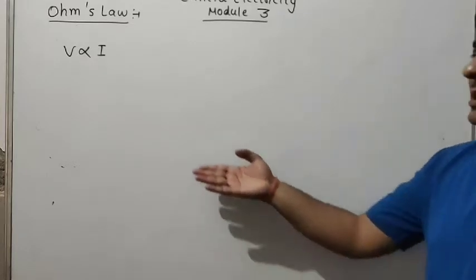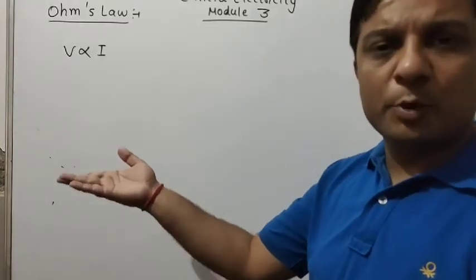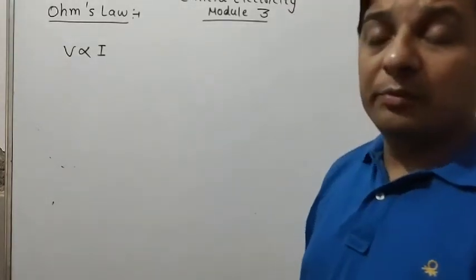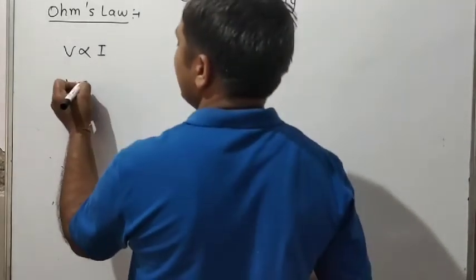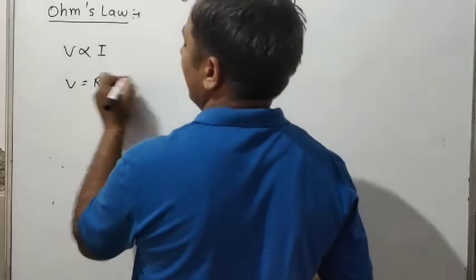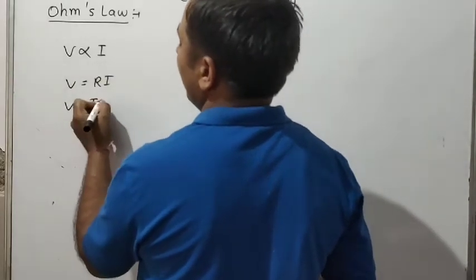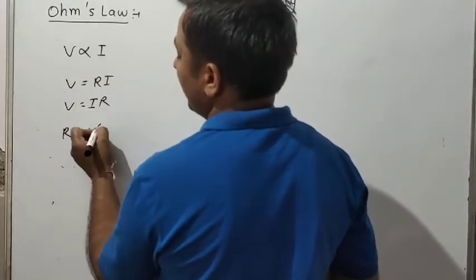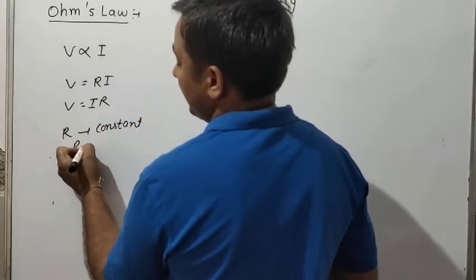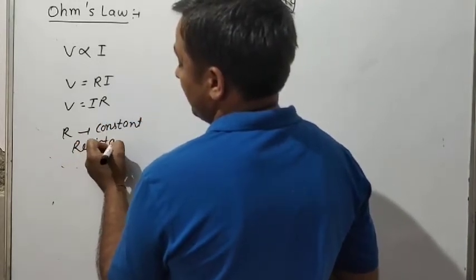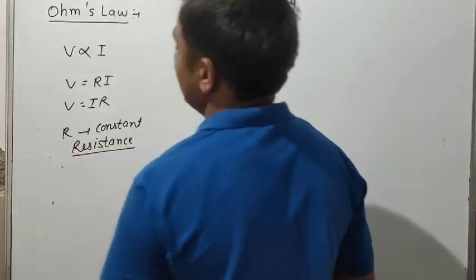Then we take the constant of proportionality, so you can say V is equal to IR, where R is a constant called resistance. This is called resistance, right?